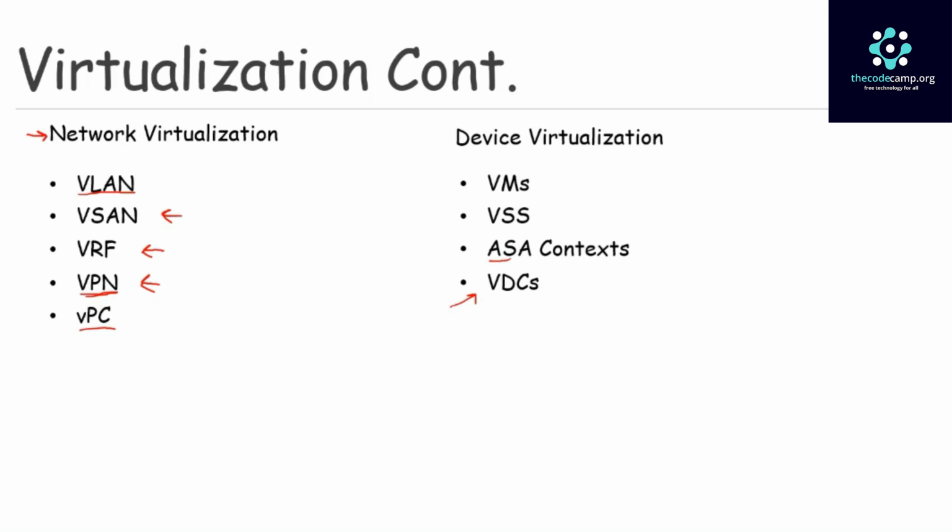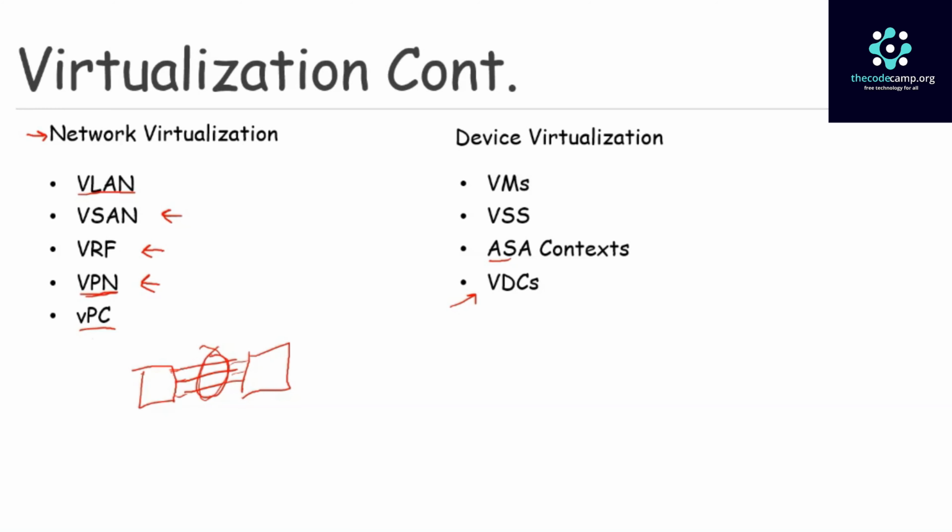Virtual port channel is what allows multi-chassis EtherChannel to work. We'll talk about that a little more later with EtherChannel, and basically it allows you to bundle multiple links together. So you've got a switch over here and a switch over here, with multiple links between each other, and it allows you to bundle them so that you get increased bandwidth.